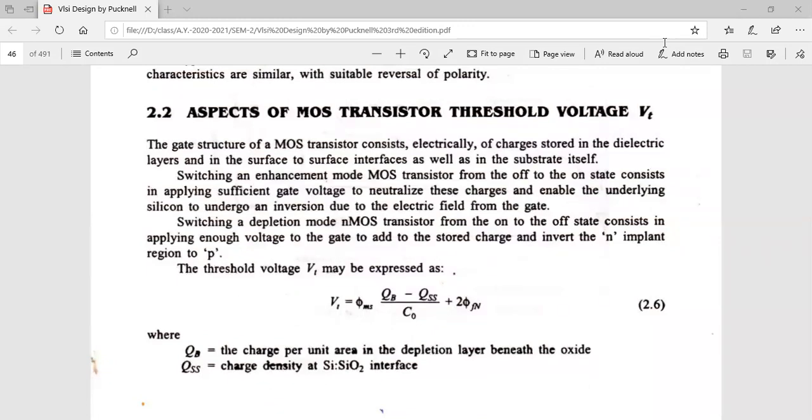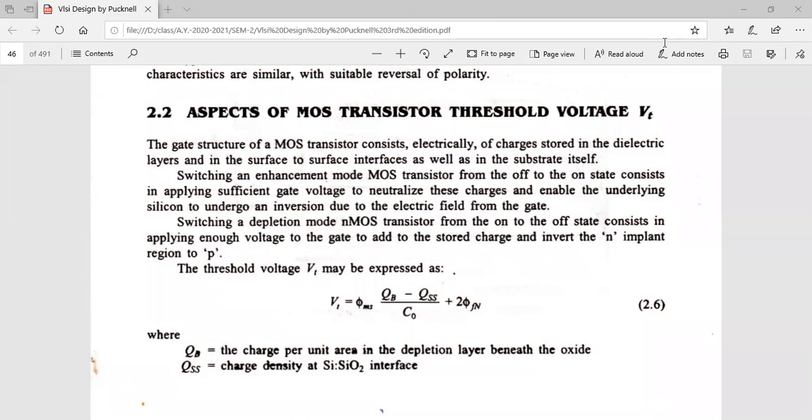Now you can see here, switching an enhancement mode transistor. We know that transistors will be of two types, NMOS and PMOS, but they are also of two types: enhancement mode and depletion mode. A transistor will be working in enhancement mode or depletion mode.